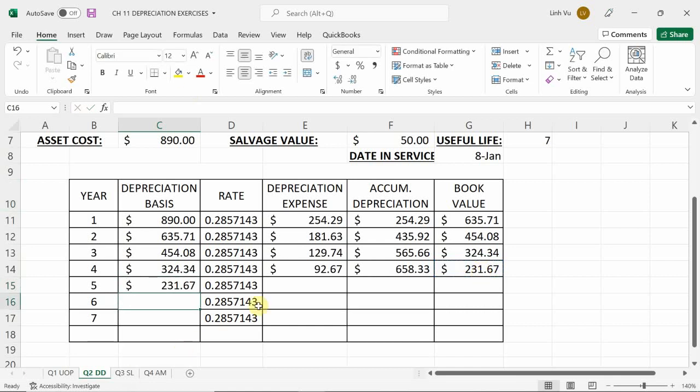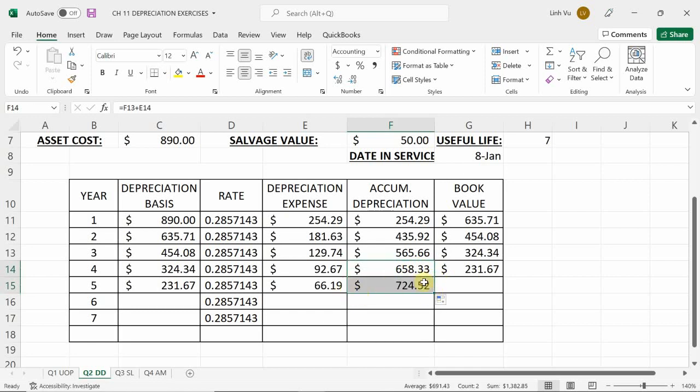Okay. So then what's my depreciation expense for year 5? 66.19. Good. Plus the 658.33 gives 724.52.